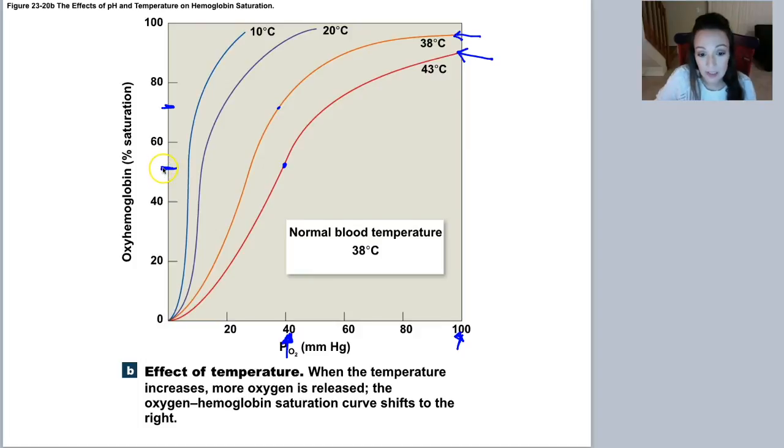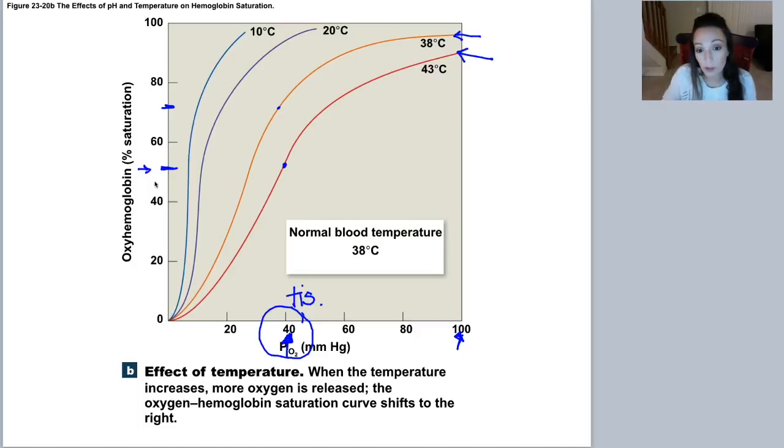So this means in the body where the partial pressure of oxygen is 40, like at the tissues, then 2 out of 4 oxygens will leave hemoglobin. Okay, if we're at 50% saturation, that means 2 out of 4 oxygens will leave hemoglobin.